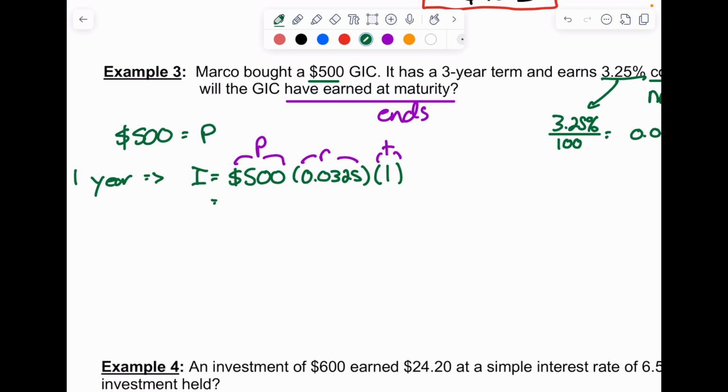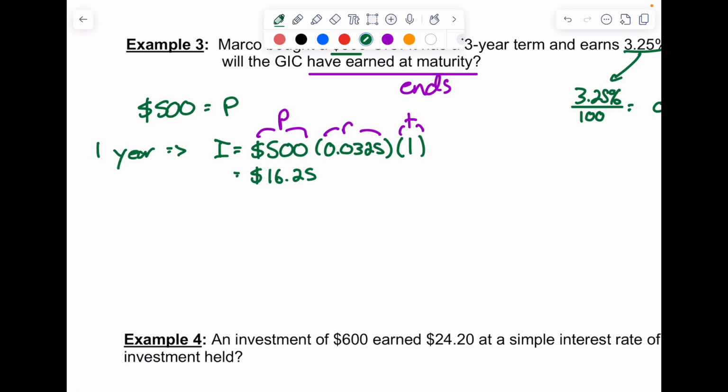Well, 500 times 0.0325, which I used a calculator for. That first year of interest will be only $16.25.